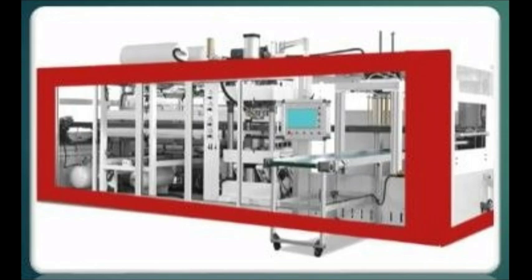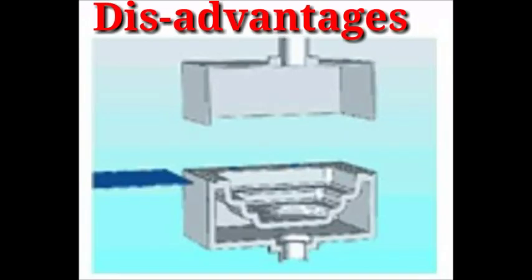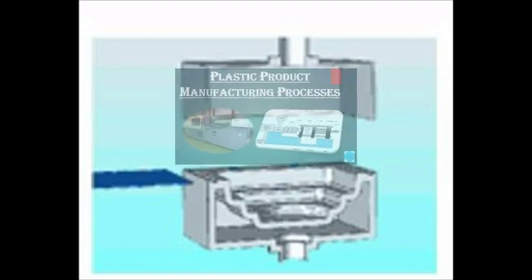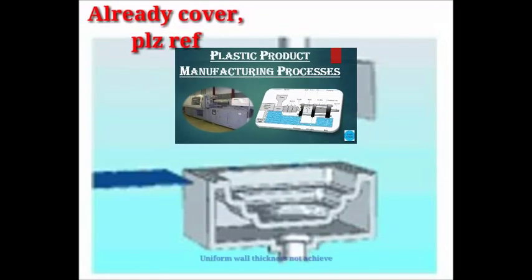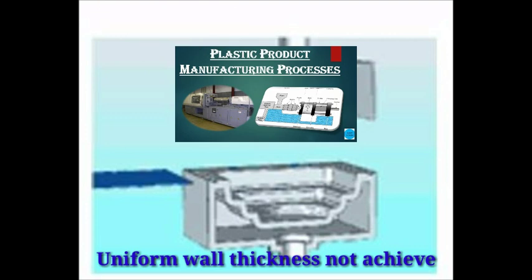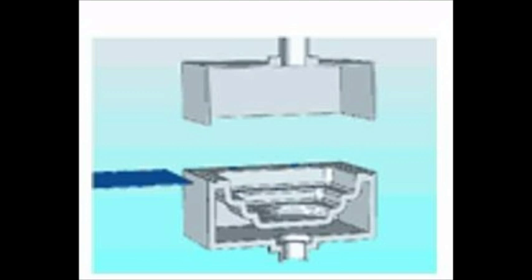Now we are going to see the disadvantages of the thermoforming process. The first point is that wall thickness varies. We are not getting a uniform wall thickness. When we are discussing any plastic product design and development, the first point to consider is that we should maintain uniform wall thickness, which we maintain in the injection molding process. But in the thermoforming process, wall thickness varies.